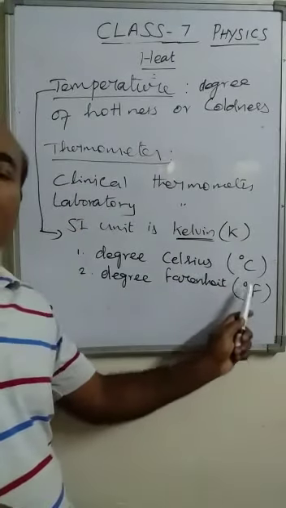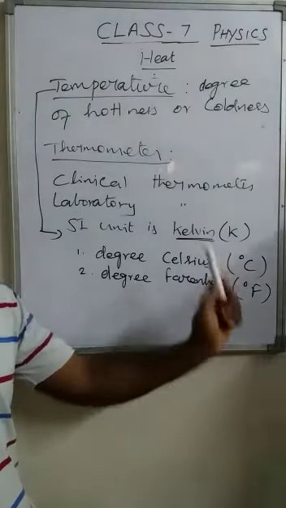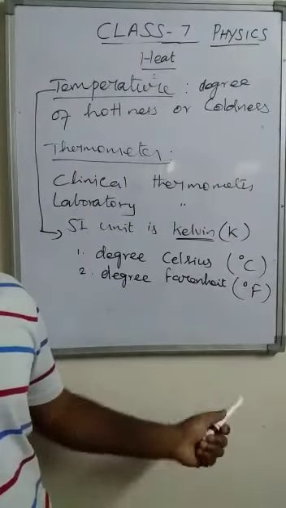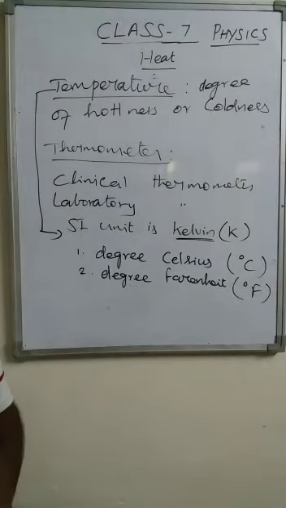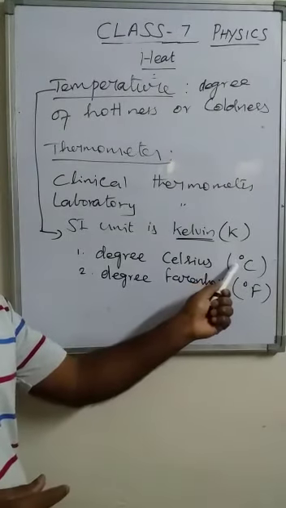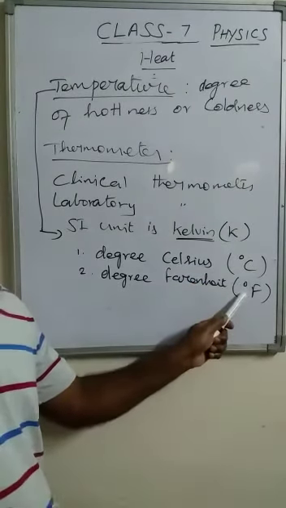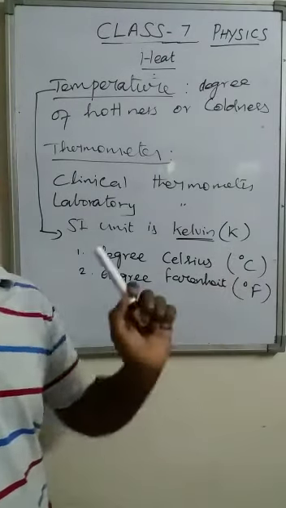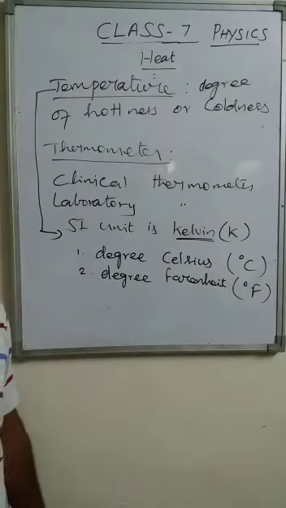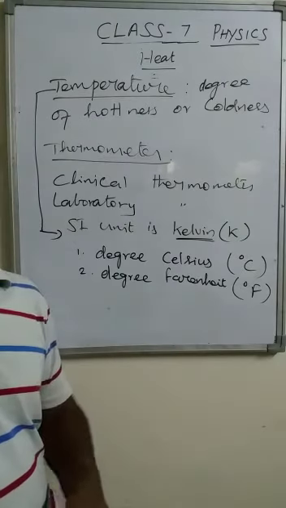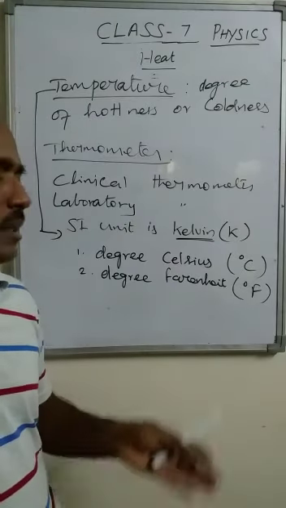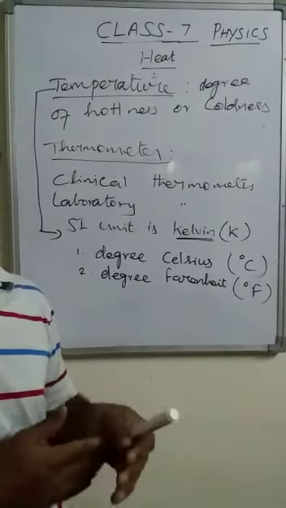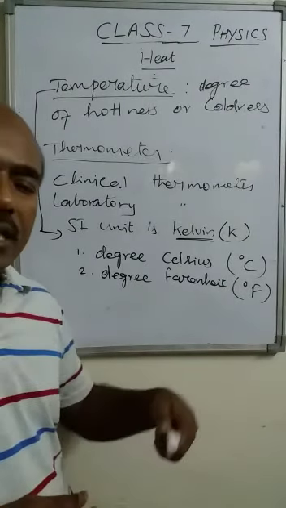You studied about the relation between degree Celsius and degree Fahrenheit. That means one unit may be converted into another. Celsius can be converted into Fahrenheit, Fahrenheit can be converted into Celsius. That relation, along with some numericals, problems, we will discuss in the next video.